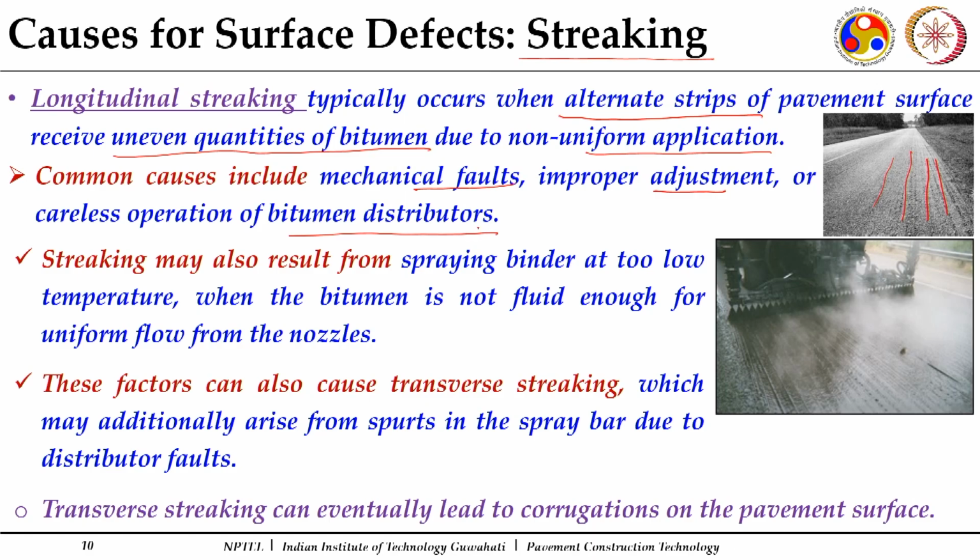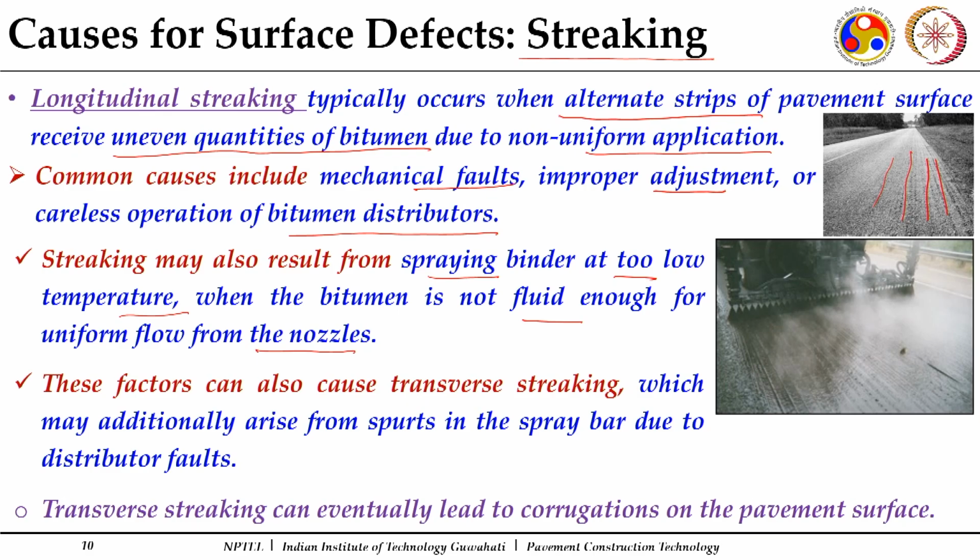This is an important part specifically when you go for application of your prime coat or tack coat. Streaking may also result from spraying binder at too low a temperature. If you spray at too low a temperature, the binder is not fluid enough to come from the nozzle, so at some parts you will have less binder compared to other parts.